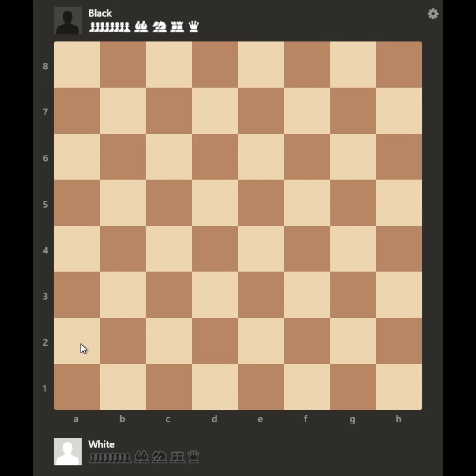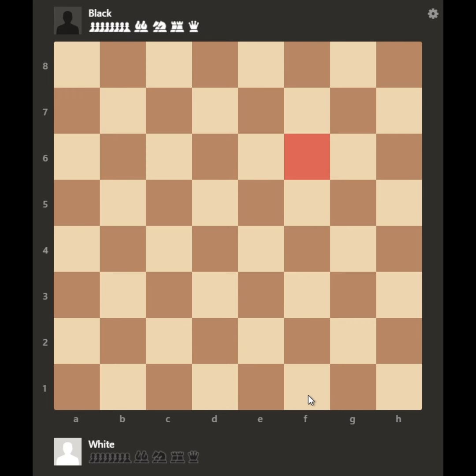Suppose I consider this square, it is in a file and its rank is 2, so the notation of this square is a2. I randomly choose another square here. Let's find out the notation of this square.